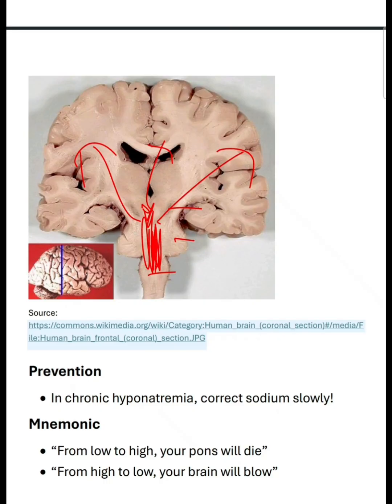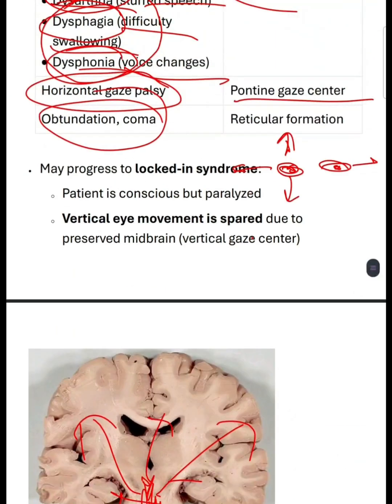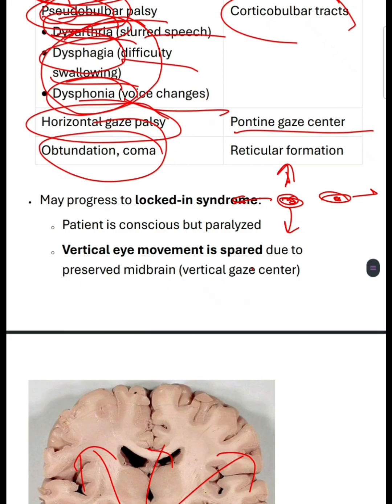Now if this pontine region is affected, that will affect the reticular formation there, right? So you will have a problem with consciousness, and that is what I mentioned here. The obtundation and coma are different levels based on severity.